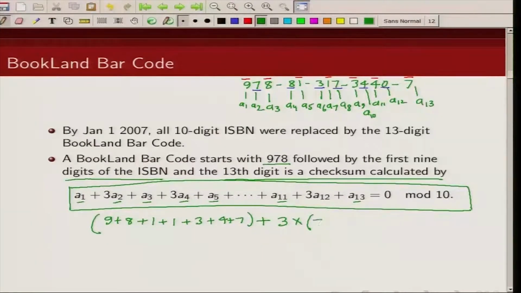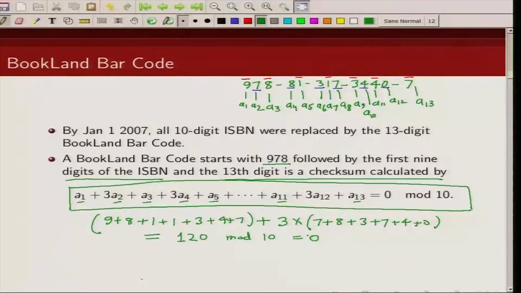So this is 7 plus 8 plus 3 plus 7 plus 4 plus 0. Okay. And this comes out to be 120 mod 10, which is 0.